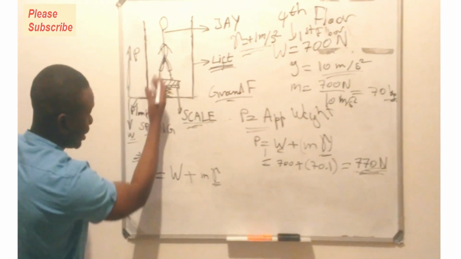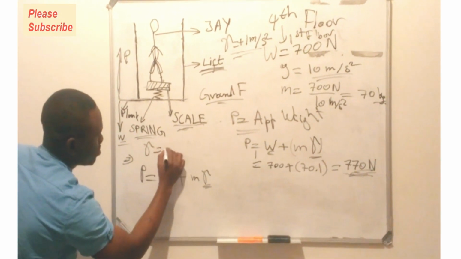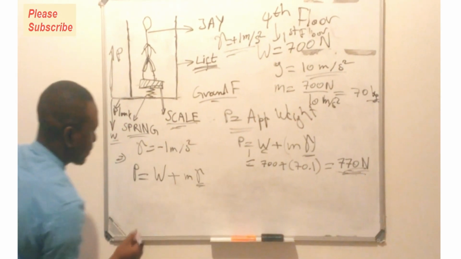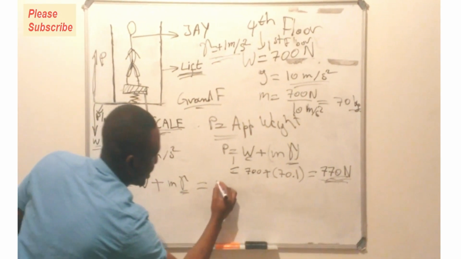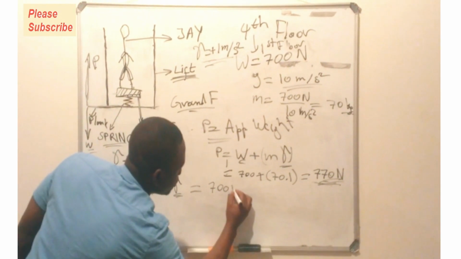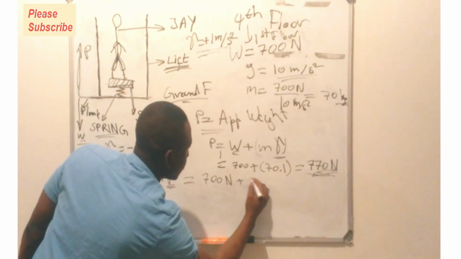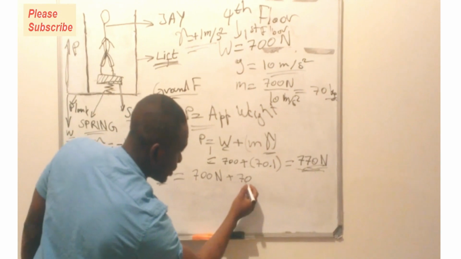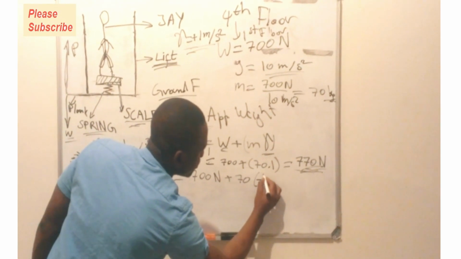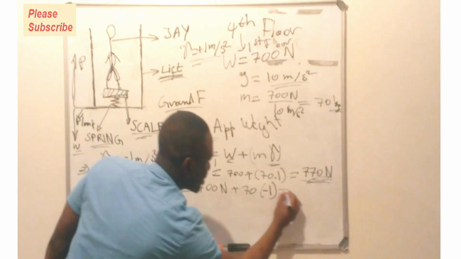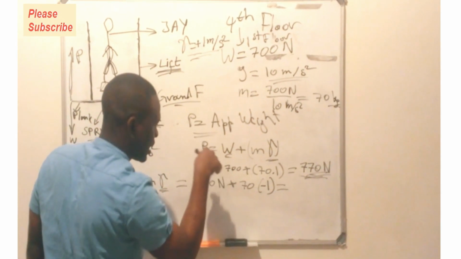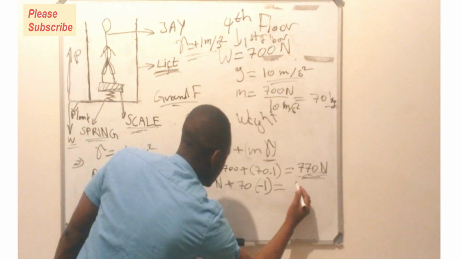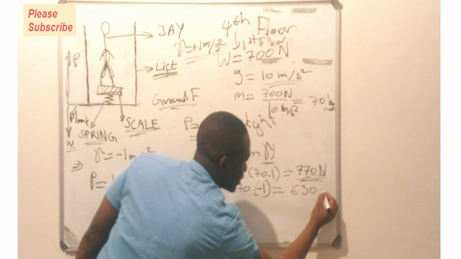This time, since the lift is going down, c is considered negative, or -1 meter per second squared. So we're getting 700 Newton plus 70 kilograms times -1. Now J realizes that as it's going down, his weight is lessened by 70 Newton, which is 630 Newton.